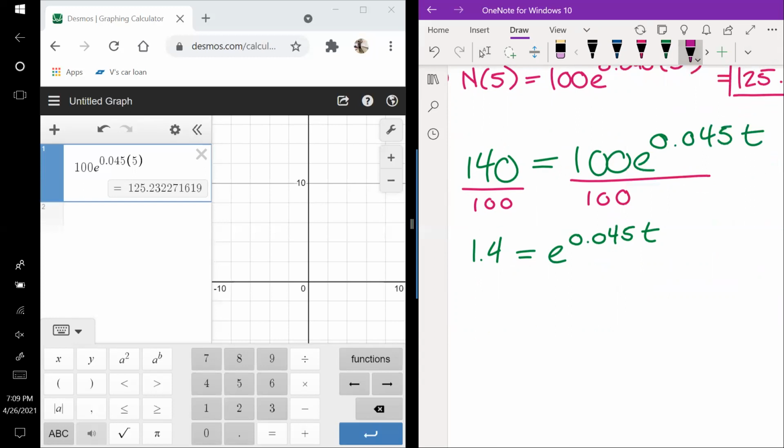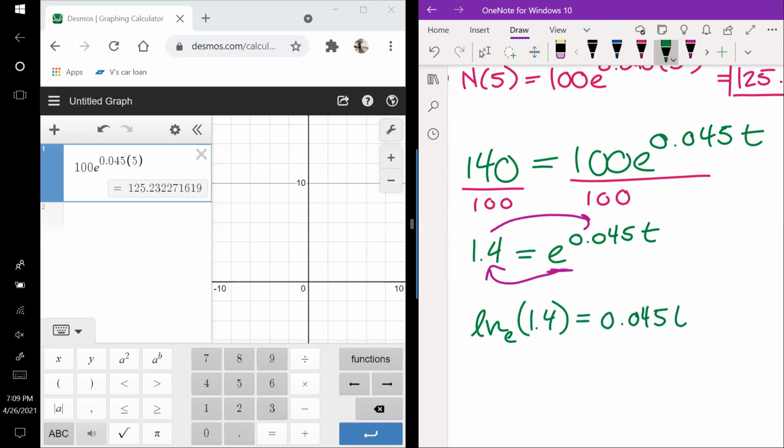So when we do that, remember that the base of the exponential function becomes the base of the logarithm. So this is going to become natural log, base e, of the outside number, 1.4, set equal to the exponent, 0.045t. So we have just converted from exponential to log.